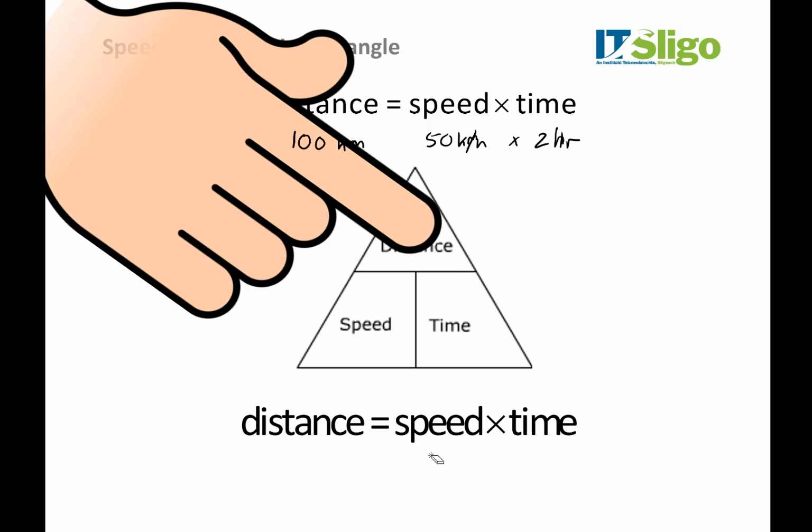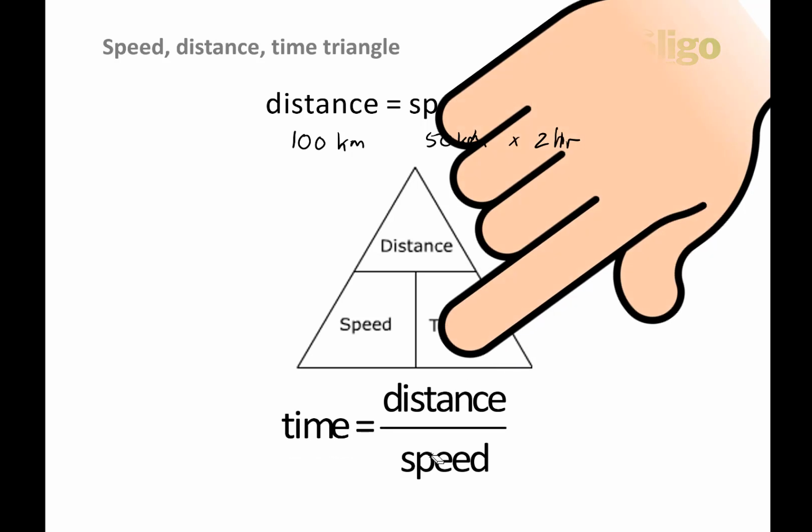Or alternatively, say if we didn't know the time taken. Well, the time is distance over speed, my apologies. I should use V for speed really, but anyway, we'll just use the first letter. So time, guys, is distance divided by speed, so that's 100 kilometers divided by 50 kilometers per hour.